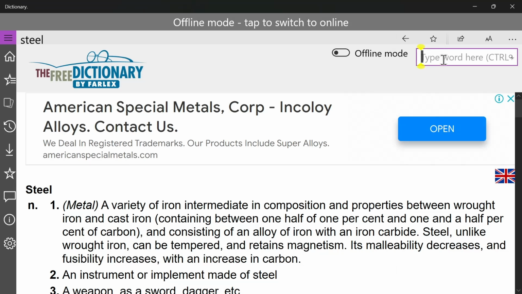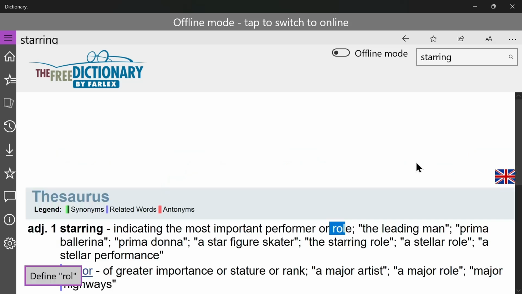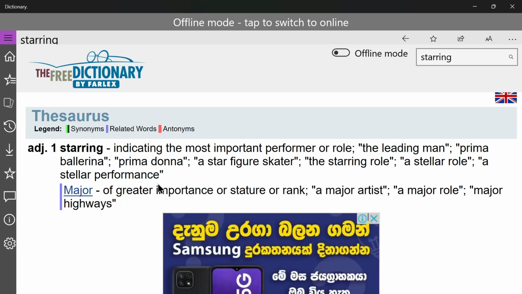Starring indicates the most important performer or role, the leading man. You will see this starring when we talk about movies or shows. For example, the movie you mentioned. What was the name? Maleficent.